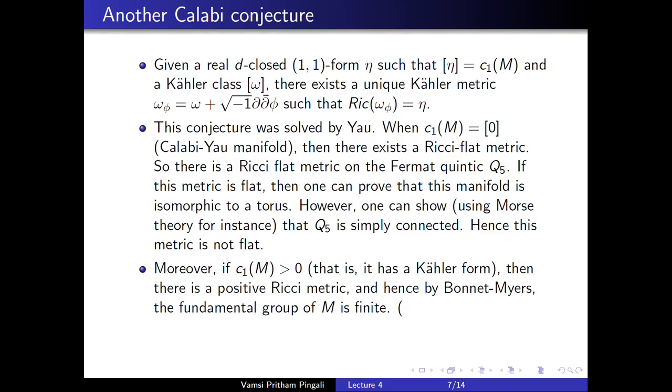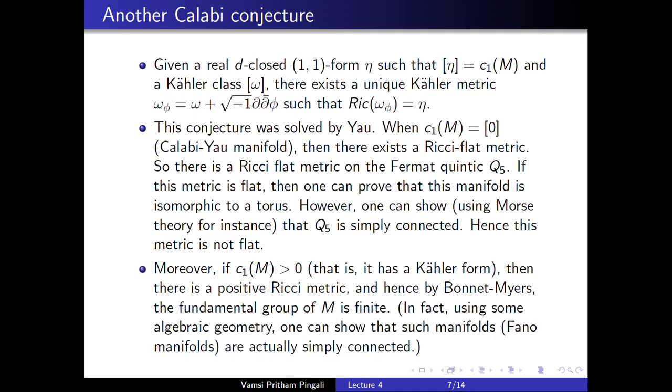In other words, if the first Chern class is positive, which is something that can be checked through algebraic geometry, the fundamental group is finite. Okay, so algebraic geometry implies some topology. In fact, you can use some more algebraic geometry to show that these manifolds are actually simply connected.